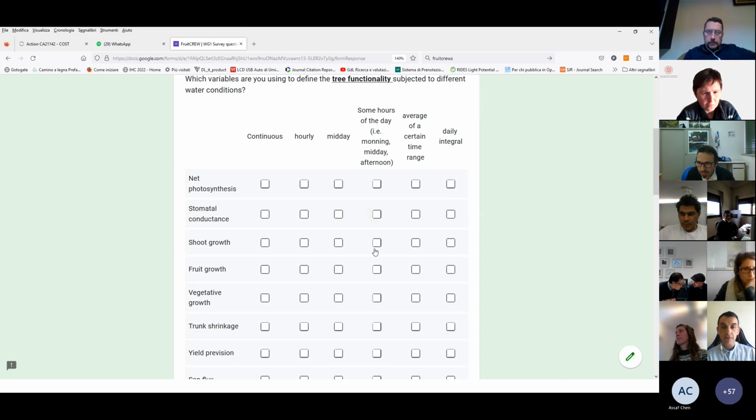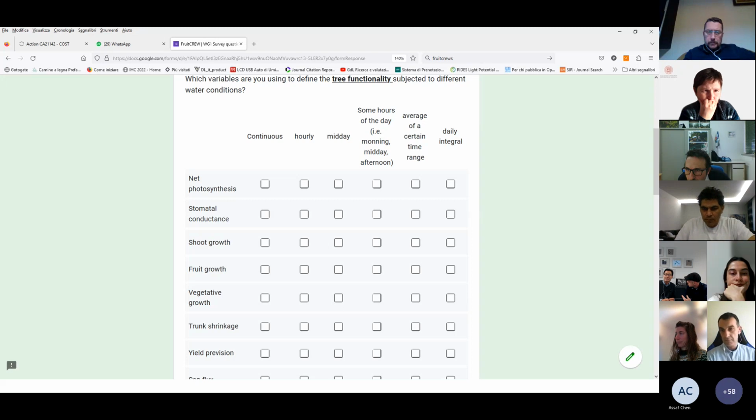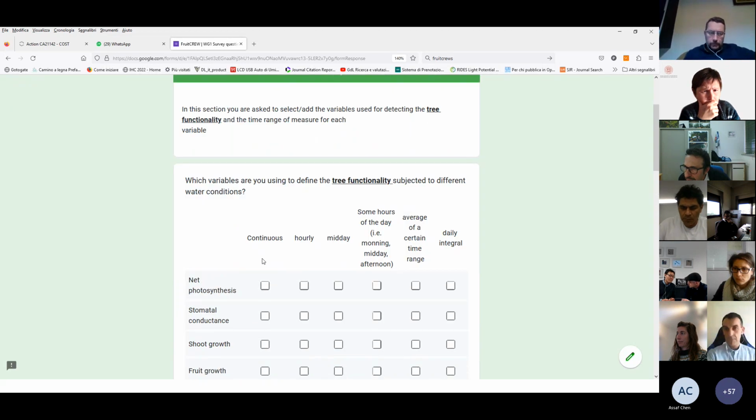Okay, thank you. What about data obtained by remote sensing? Yes, also, so Jill, for specific measures of water potential, photosynthesis, is it possible to add a column to indicate the frequency of measuring, daily, weekly? So daily, you want me to add daily in the column, I suppose.